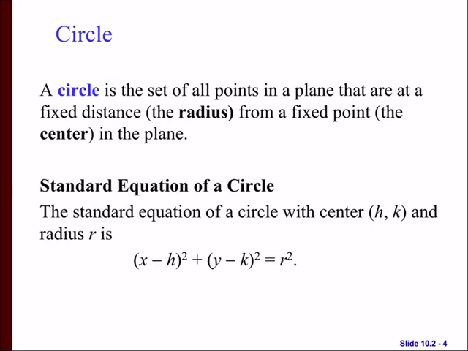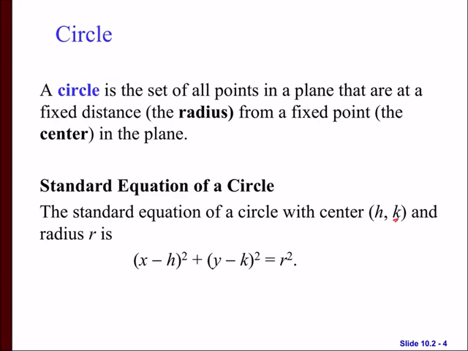So if we know the center point, say h and k, that ordered pair, and we know the radius, the standard form equation of the circle would be x minus h squared, h being the x-coordinate of the center, so the x term is formed by the x-coordinate, x minus h squared, plus y minus k squared. So now we're looking at the y-coordinate of the center point.